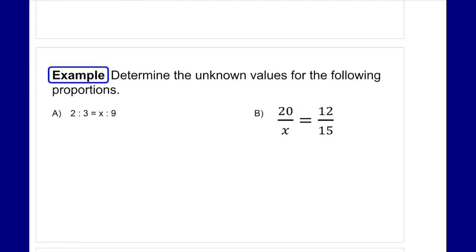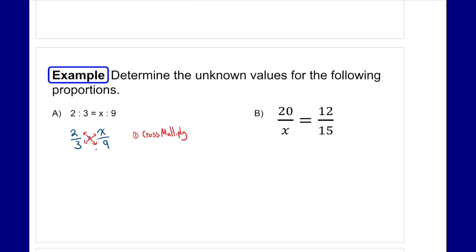Here I have it set up as a ratio. Technically ratios are a little bit different from fractions, but in terms of solving them, we can treat them as fractions in this case. So I'm going to set it up as a fraction and cross multiply.